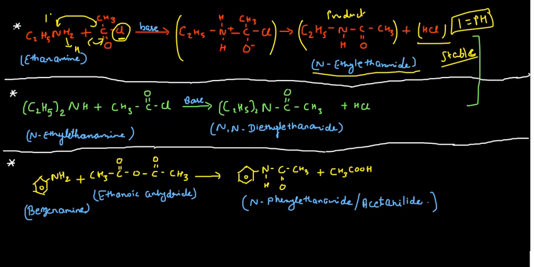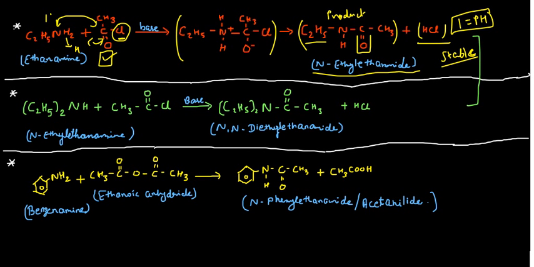So our product is N-ethylethanamide. I broke down this word for you so that you can pronounce it easily. C2H5 is the eth group because there are two carbon atoms. NH means the amide part, and this is actually the amine part. I started talking about this earlier, but I did not talk about it much because this is where I wanted to.